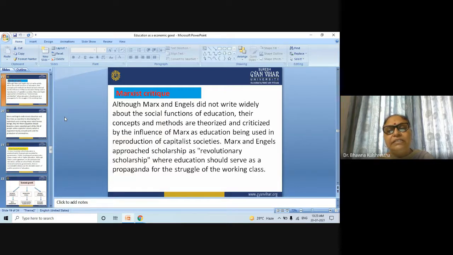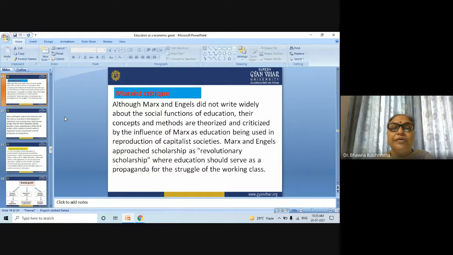Marx and Engels approached scholarship as revolutionary scholarship, where education should serve as propaganda for the struggle of the working class.